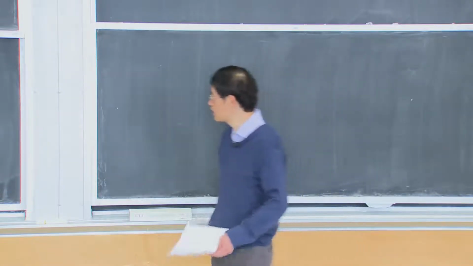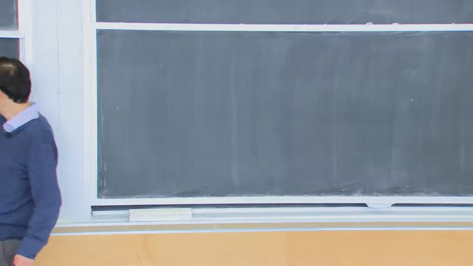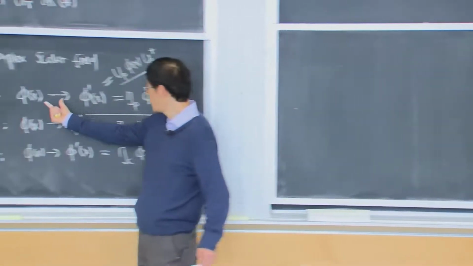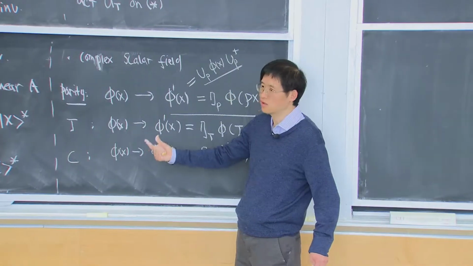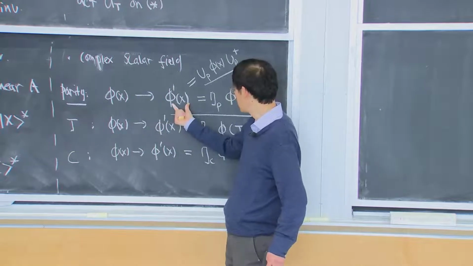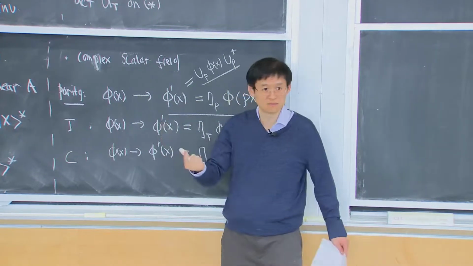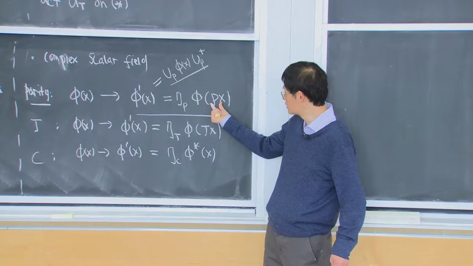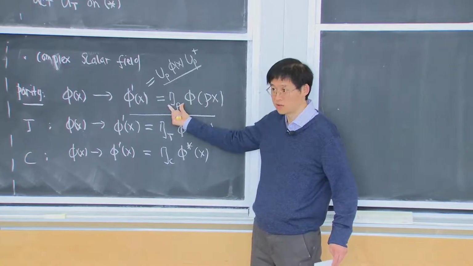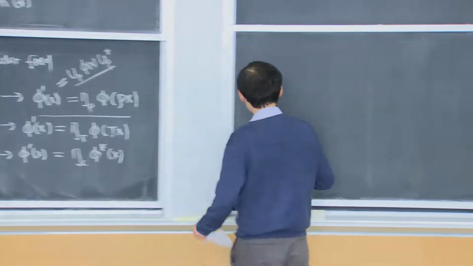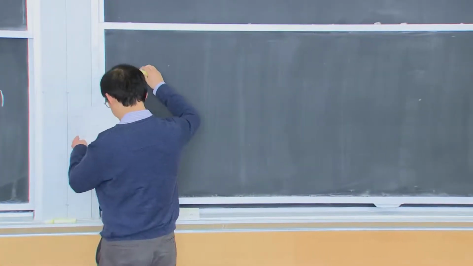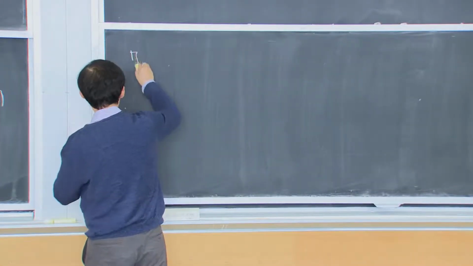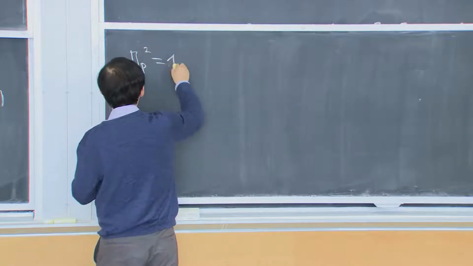So when you do it twice, phi should come back to itself, and this phase should also come back to itself. That means eta_P squared should be equal to 1.